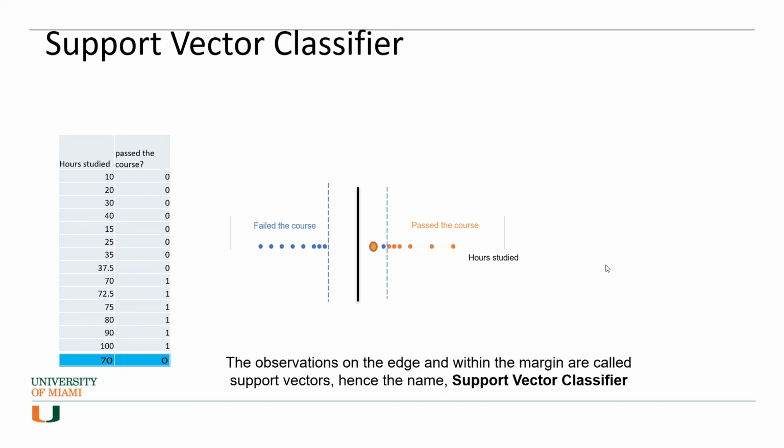Now, the lingo here is that the observations on the edge are called the support vectors, and therefore the classification algorithm is called the support vector classifier.